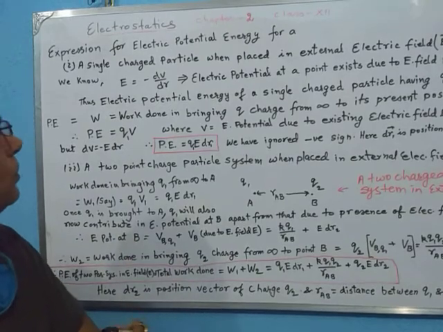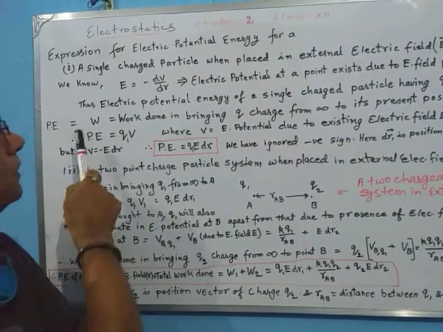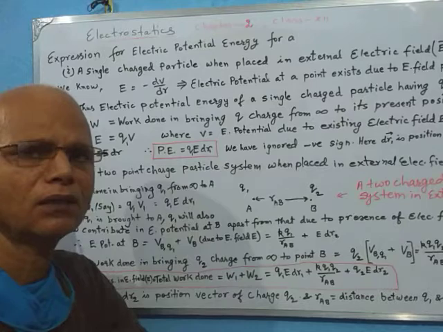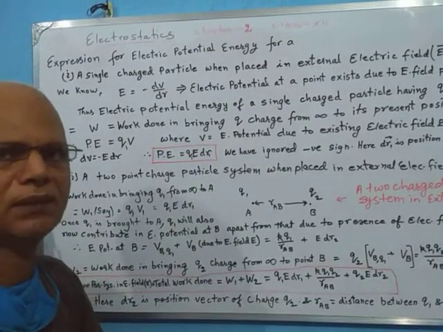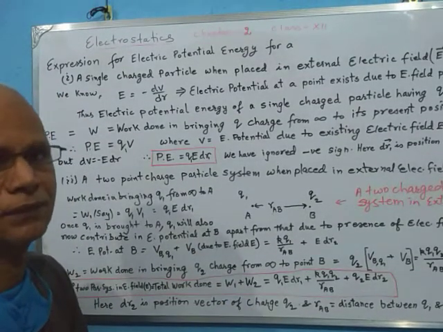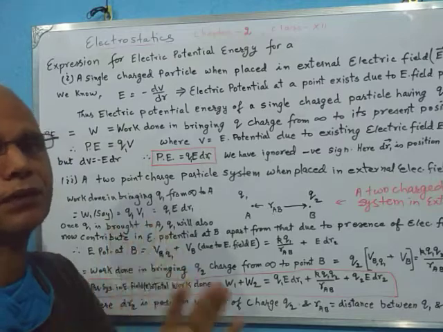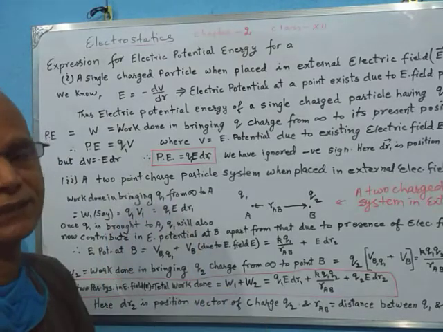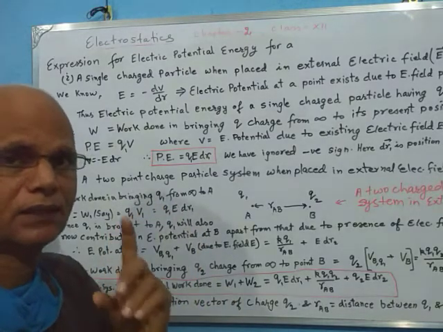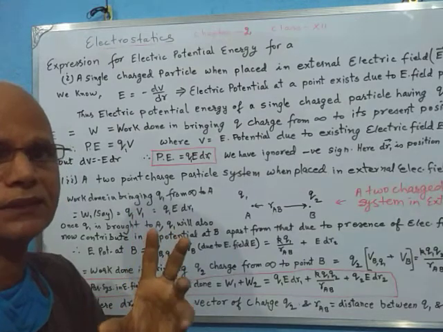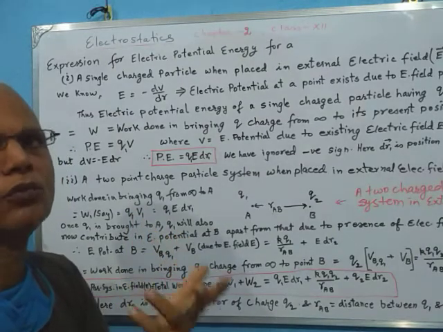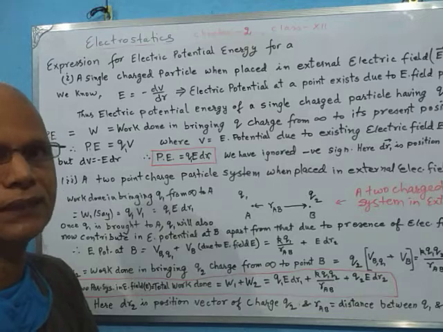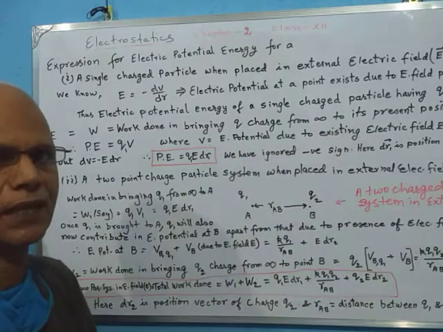So if we want to find the potential energy of the charge particle when it is placed in an external electric field, it is different from the case when there was no external electric field. In that case we had a one particle system, so no work needed to be done when you bring the charge particle from infinity to that point.